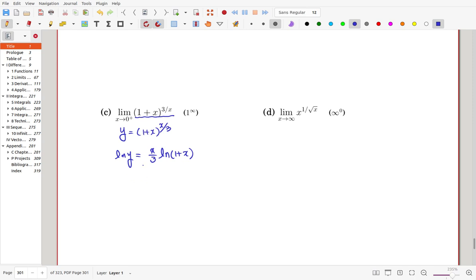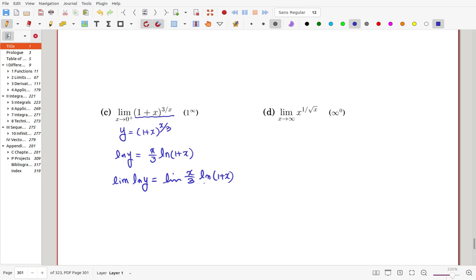Now, if we apply limit, then limit of natural logarithm of y is the same as limit of x over 3 times natural logarithm of 1 plus x.